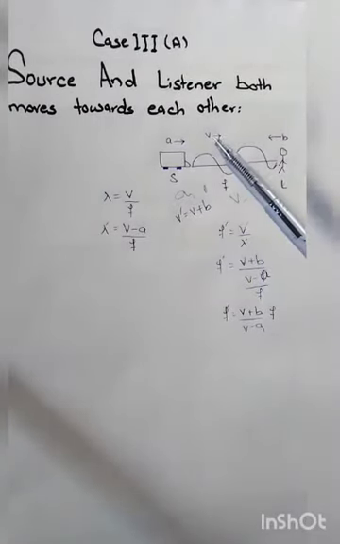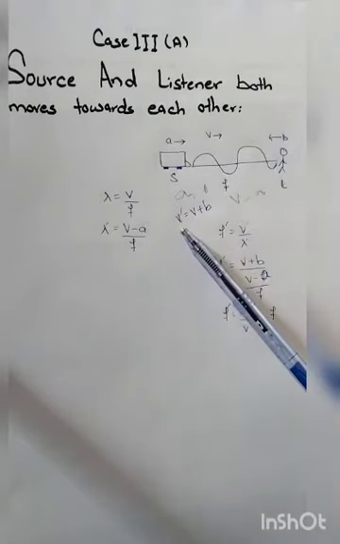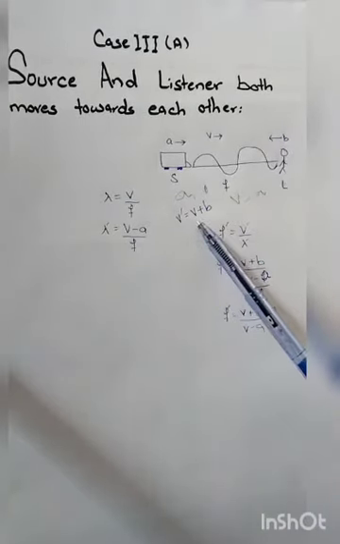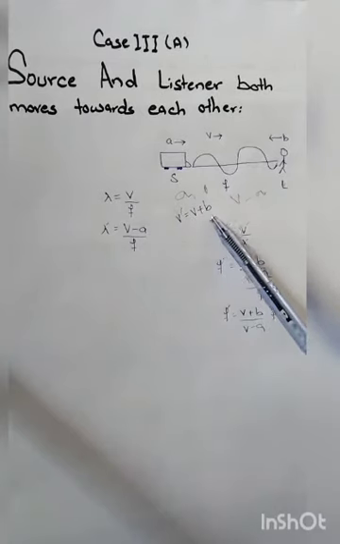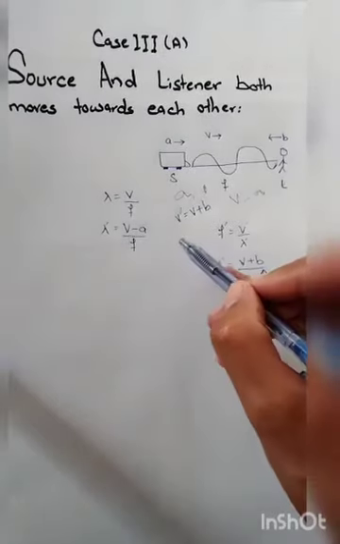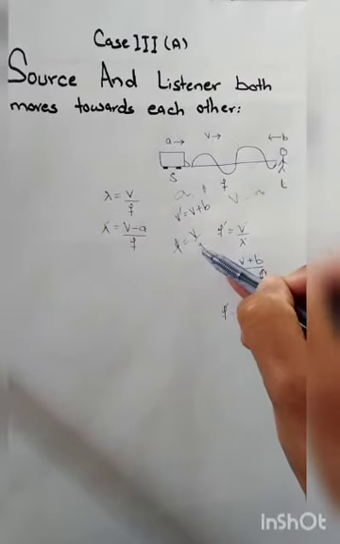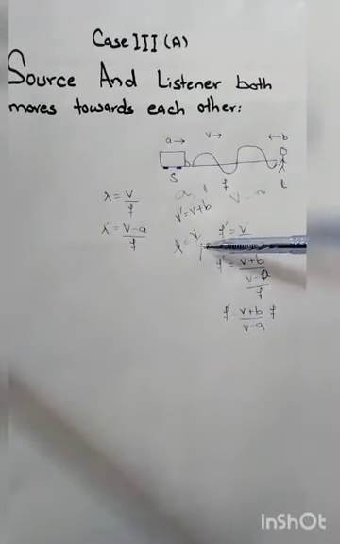Originally we have speed V when both are at rest. Now the listener moves towards the sounding source, and the new speed of sound becomes V prime, equal to V plus B, where V is the speed of sound and B is the speed of the listener. Now we know that frequency is equal to V by lambda, where V is speed and lambda is the wavelength.